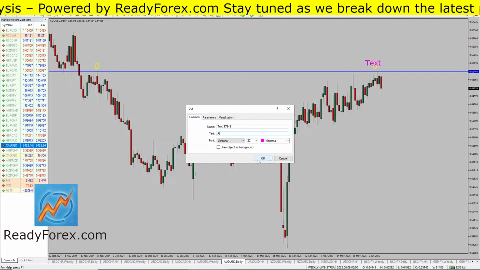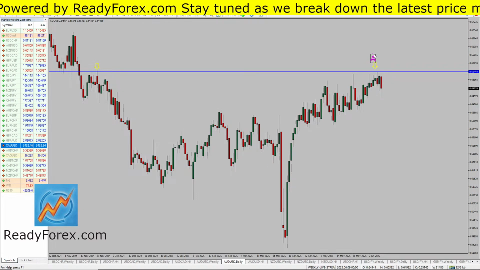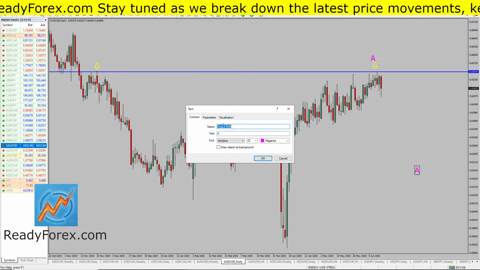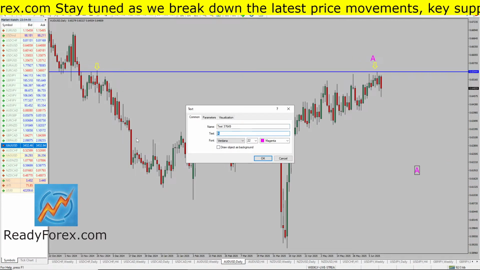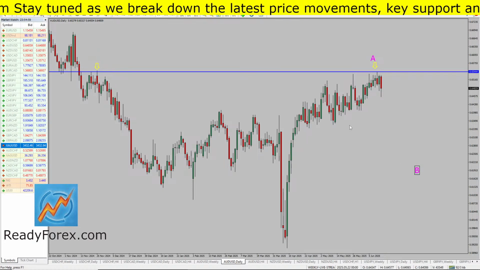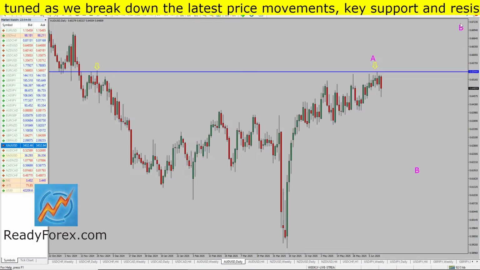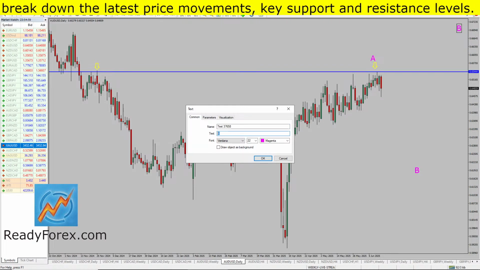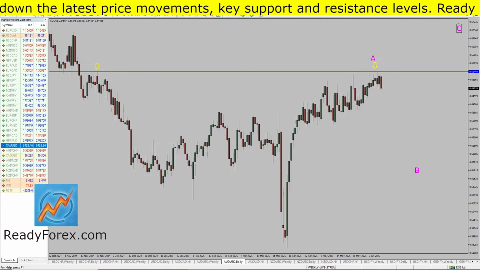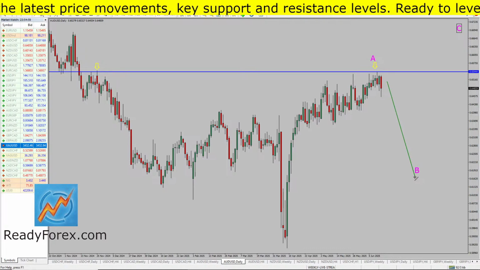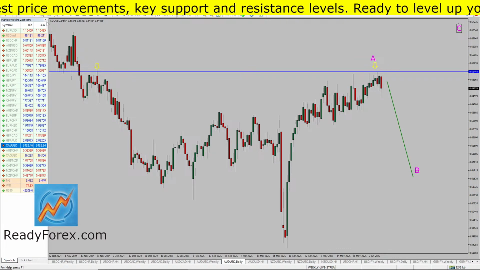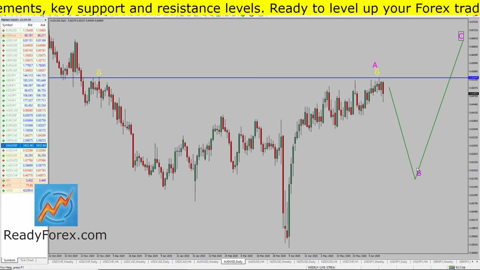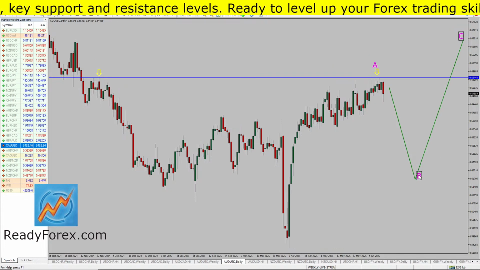Now as far as the wave count is concerned, this is most likely wave A over here. Expect a bearish leg, wave B. Okay, and after wave B expect a bullish leg, wave C. So bearish wave B and then bullish wave C. This is the expectation.